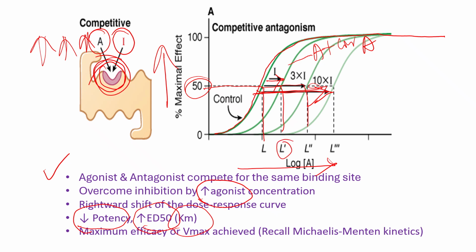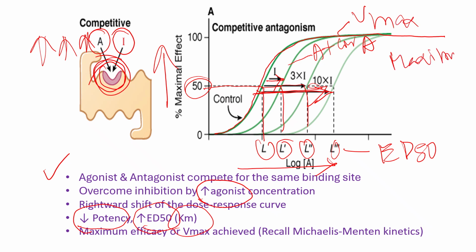This is the EC50 or ED50 or Km. And what about the maximal efficacy? This is the Vmax or maximum efficacy. That is going to be achieved. After increasing the agonist concentration, Vmax is reached. So this is competitive antagonism.